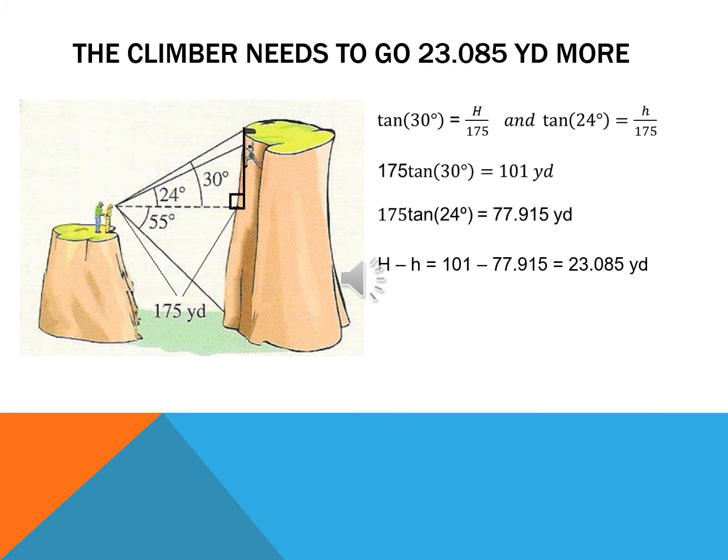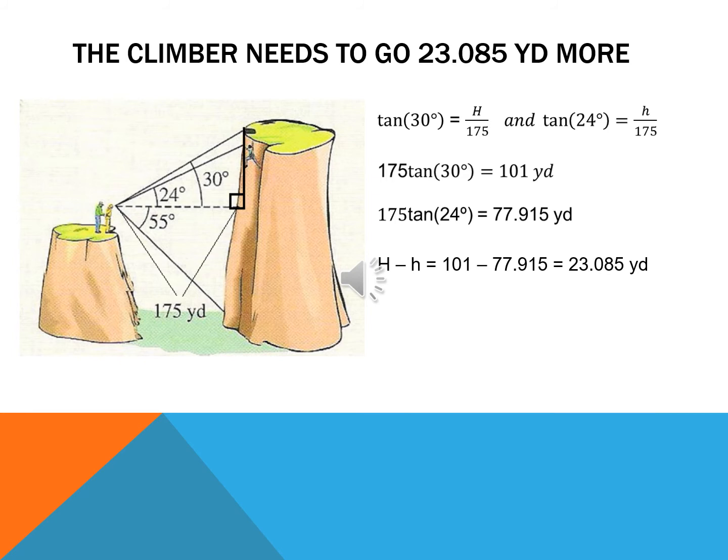And then tangent of 24 degrees is going to be how high the climber is from that line of sight over the distance 175. If you multiply both sides by the 175, you can solve for the full length to the top as well as the length to where the climber currently is.